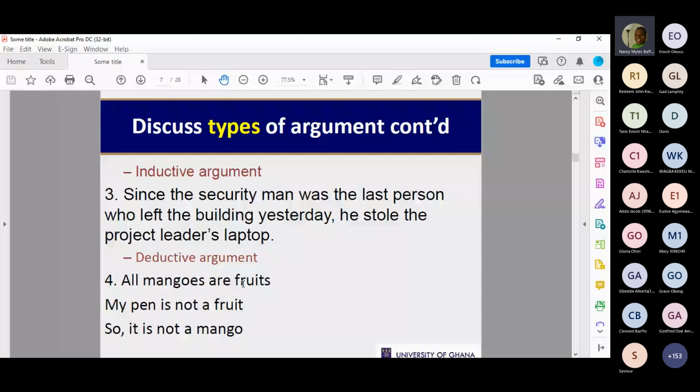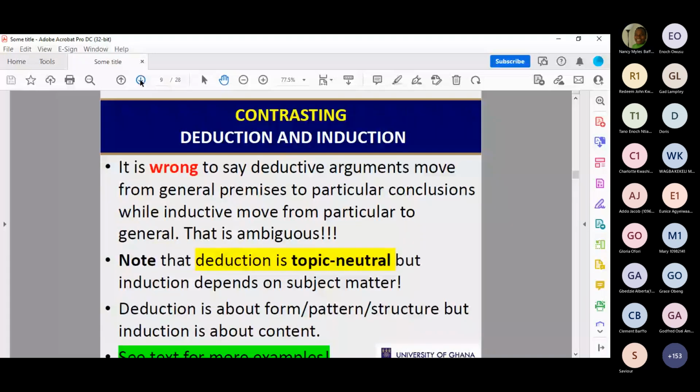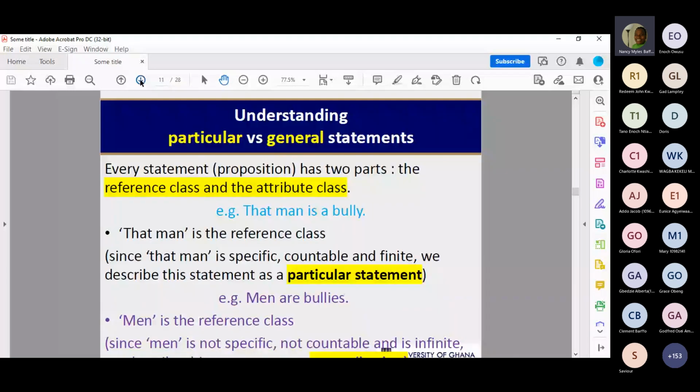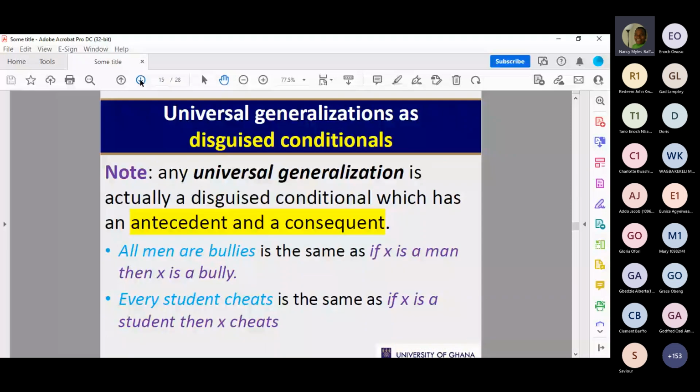A universal statement. We are telling you that when you have an if-then statement, look on your screen, please. After the if, you get a statement that follows. If, then. So that will help you know, see on my screen now, universal generalizations as what? Disguised conditionals. Antecedent and consequent.